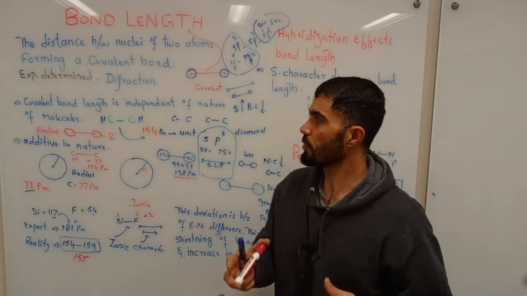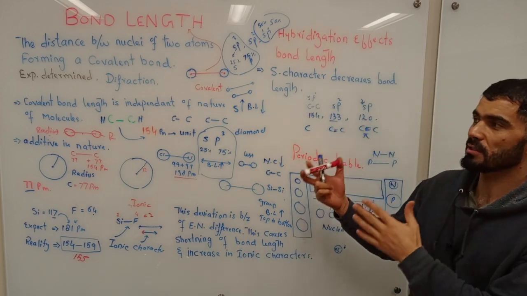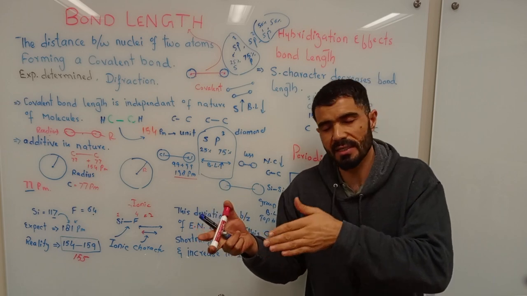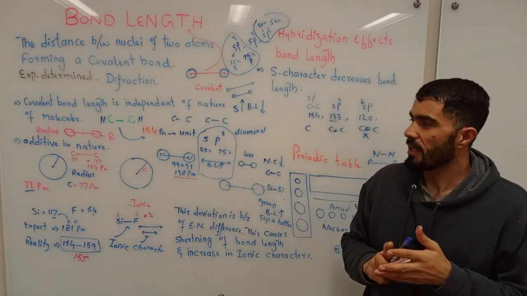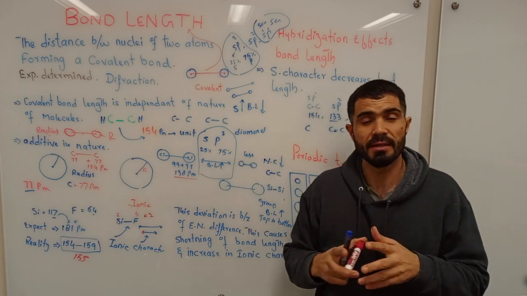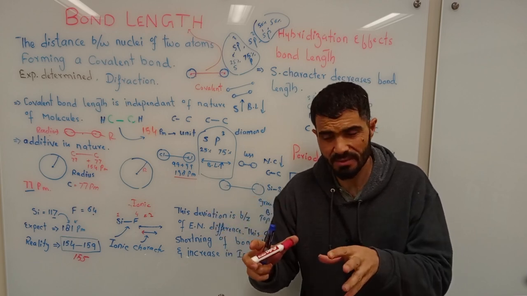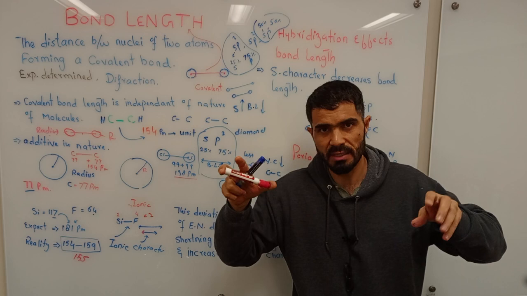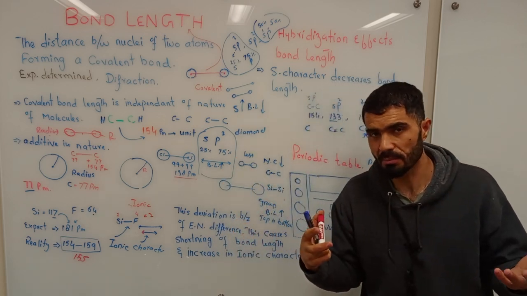So this was all the lecture today on bond length: what bond length is and how it is determined, and how a covalent bond length is independent of the nature of the molecule. We also saw that the covalent bond is additive in nature. In most cases, we just add the atomic radii of the two atoms, and the answer is the covalent bond length.